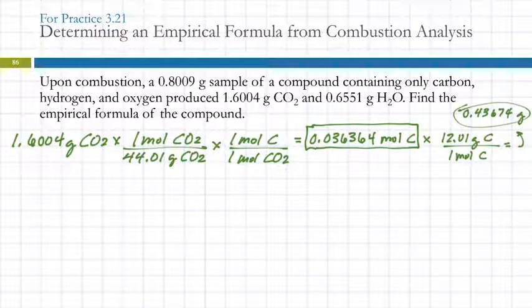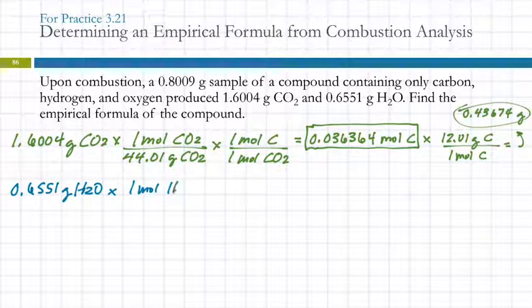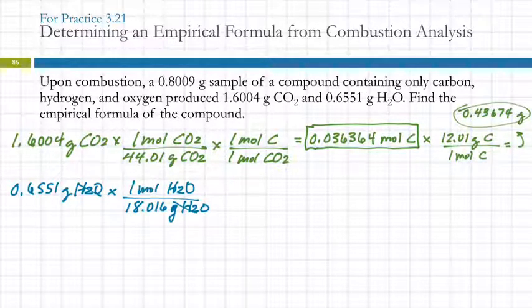Then we need to figure out the hydrogen. So that comes from the mass of the water, 0.6551 grams of water. I'm going to convert that to moles of water. And then moles of hydrogen. So 2 moles of hydrogen for 1 mole of water. I'm going to write that number down.